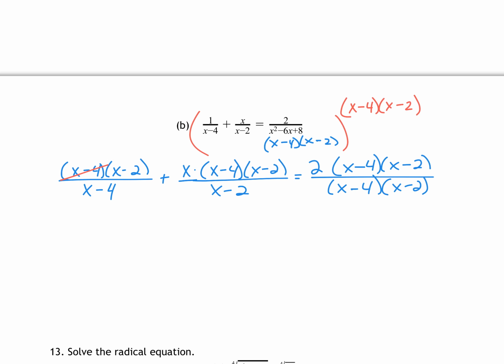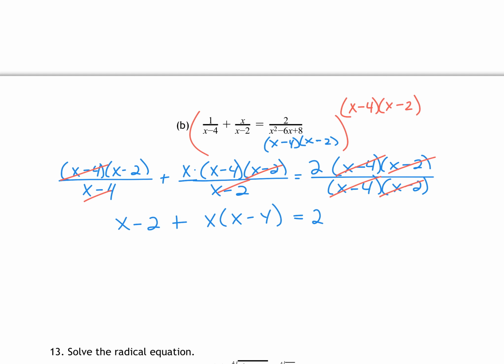Canceling. X minus 4 is there, x minus 2 is there, and then both factors there. So what's left is x minus 2 plus x times x minus 4 equals 2.